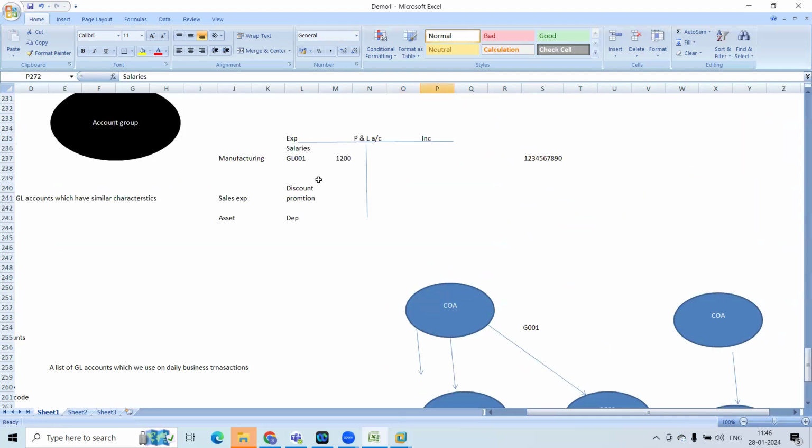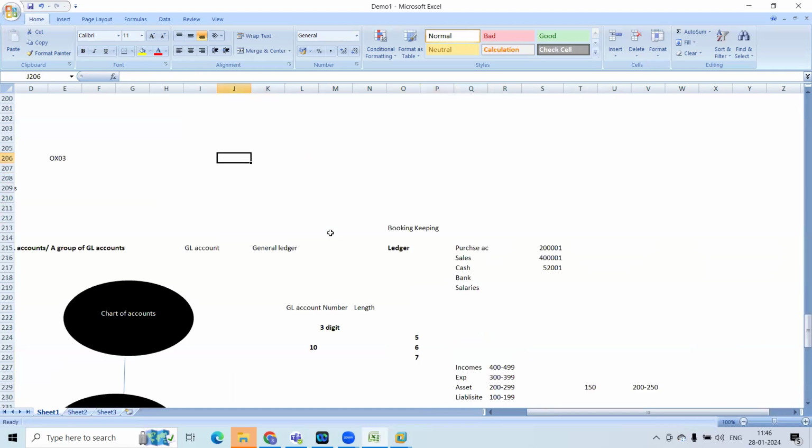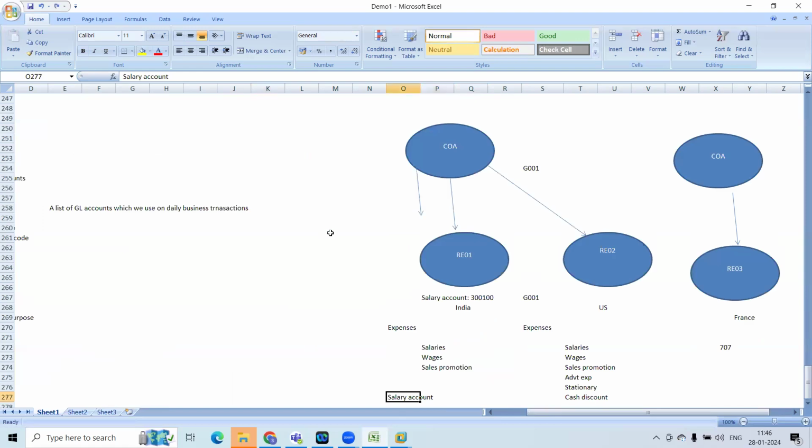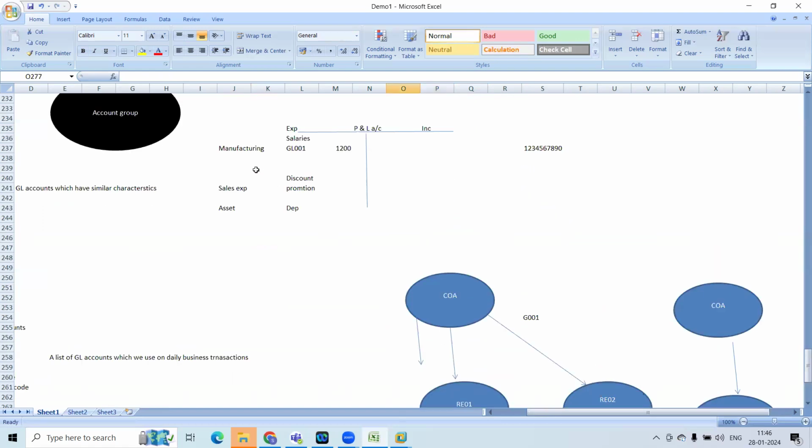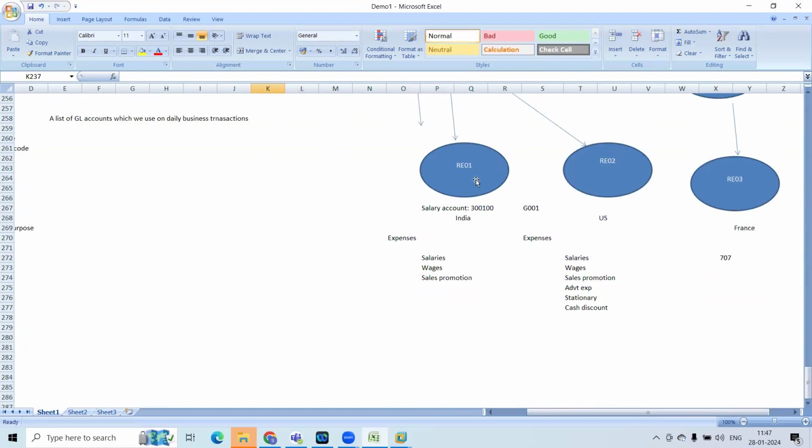In the profit and loss account you give only expenditure. If you generate the financial statement at company code level, these are my profit and loss accounts.